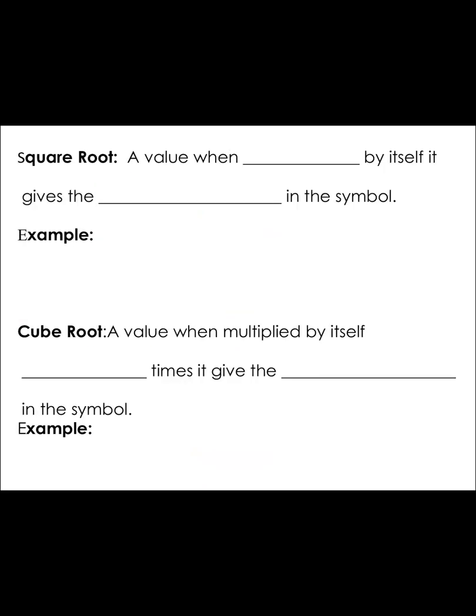All right, then we also have a square root. A square root is a value that, when multiplied by itself, gives the number in the symbol. So first, let's talk about the square root symbol. So right there is a square root symbol, and that's actually called a radical.